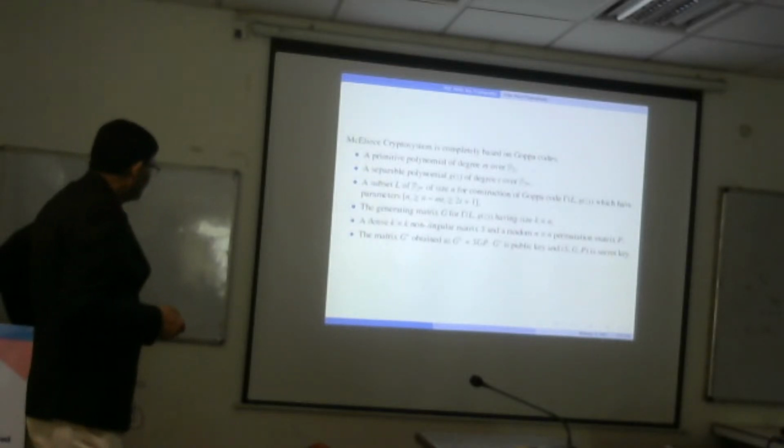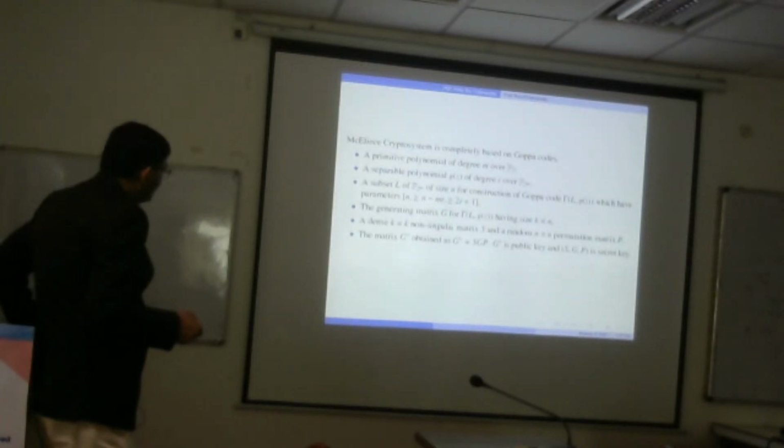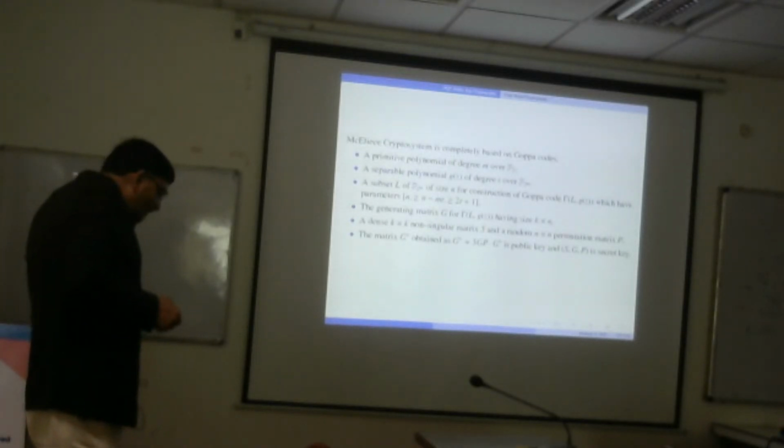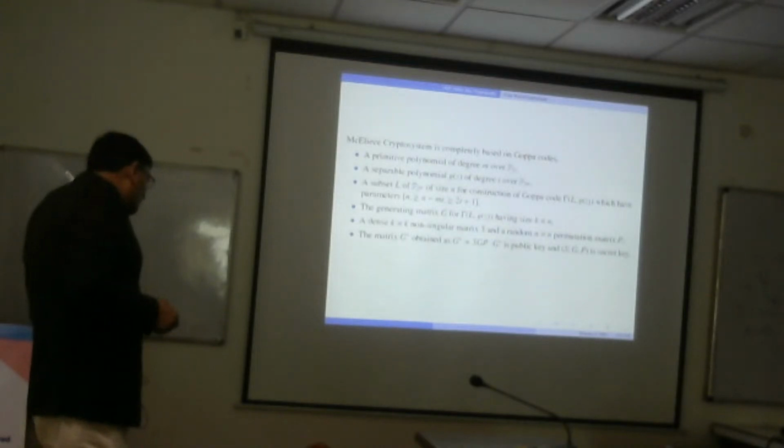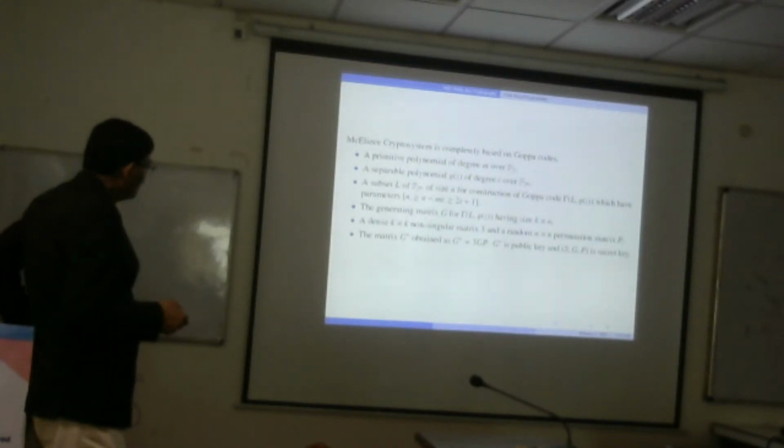Here n is the length, the field size is F to the power n, k is the dimension of the code, and then d. So d is basically how much error you can correct and how much error you can detect.